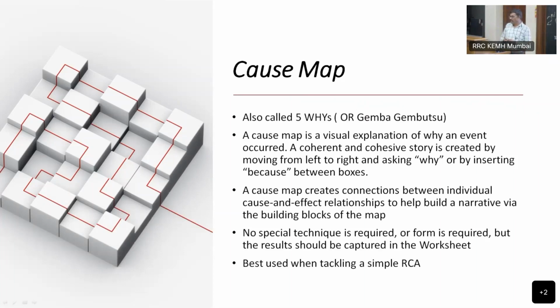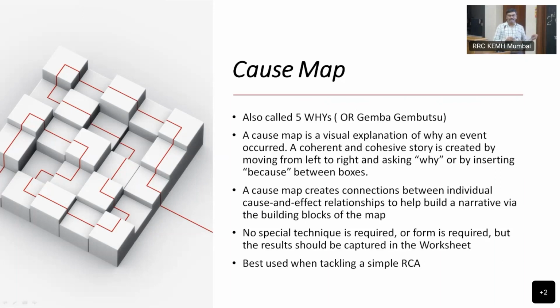Excellent. This is called Yamba Yambutsu. Okay, it's actually a Japanese person who used to employ this. A cause map is a visual explanation of why an event occurred. A coherent and cohesive story is created by moving from left to right. And a cause map creates connections actually.